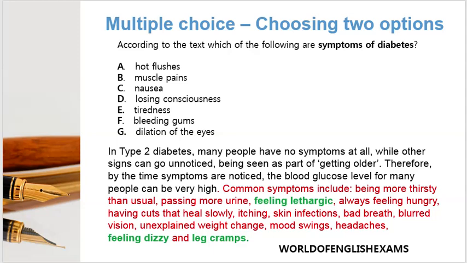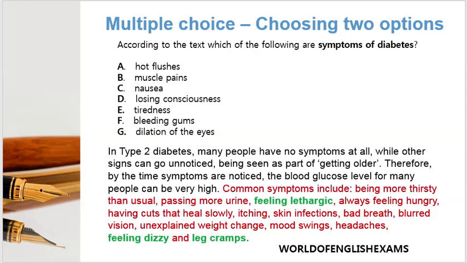So which of the following are the symptoms of diabetes? So I have clearly identified three symptoms. First one, feeling lethargic. Feeling lethargic is nothing but tiredness. Lethargy and tiresomeness are one and the same. So E is one of the options.